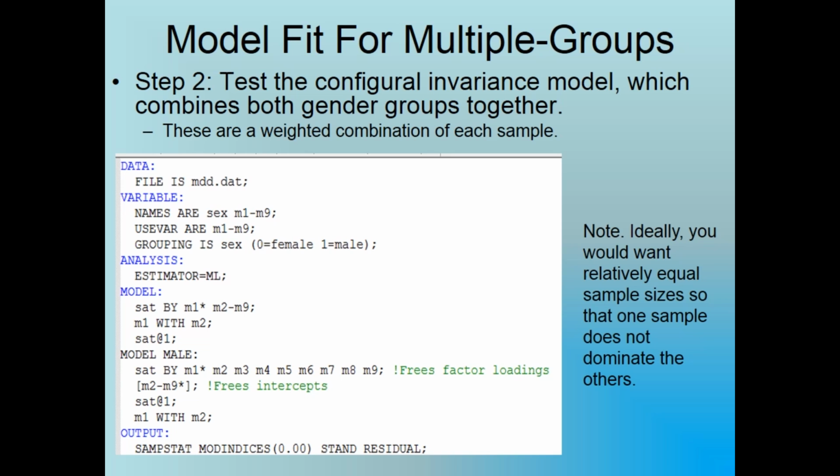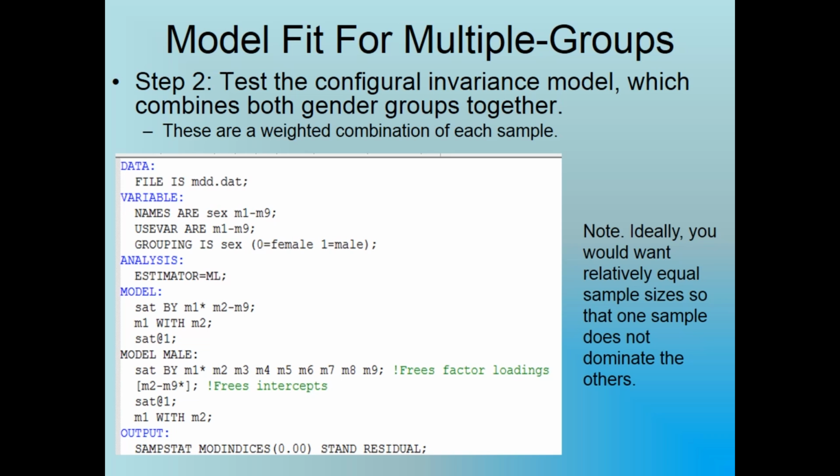SAT by M1* M2 to M9. One big difference is that by default, Mplus will estimate your intercepts and your thresholds for that matter. So under the model statement for females, I didn't tell Mplus to estimate the intercepts, although I could have, but I know it's going to do it by default, so I didn't worry about it.